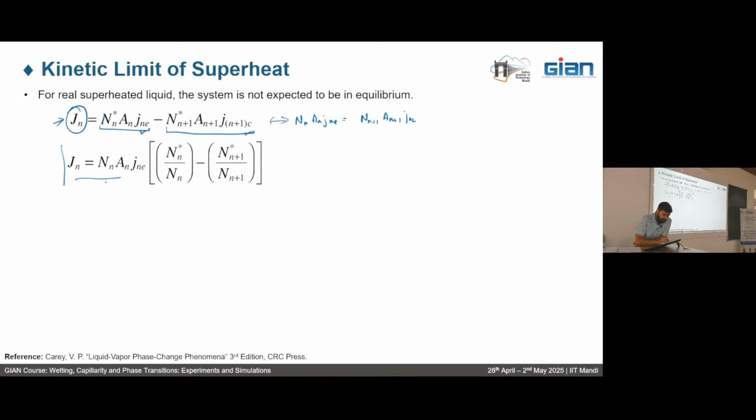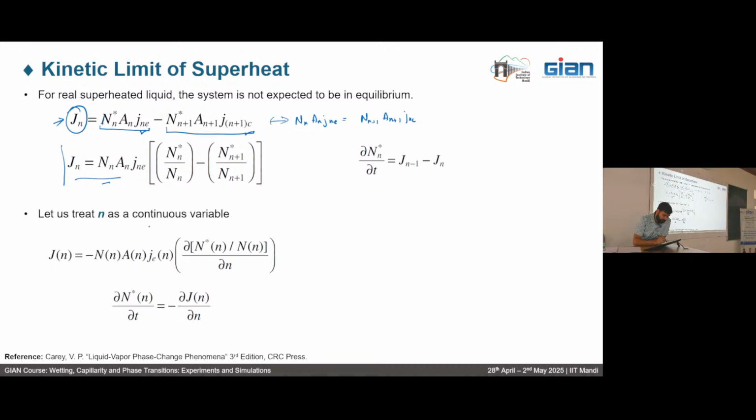Next, we are going to treat n as a continuous variable, so that it becomes easy to do the mathematics here. So we can write Jn simply as minus Nn An Jne times del of n star by del n, and for the rate at which the number of molecules is changing, we can write dn by dt is equal to minus dJn by dn.